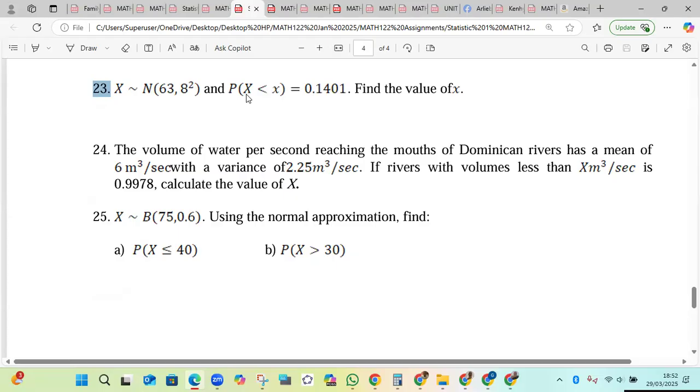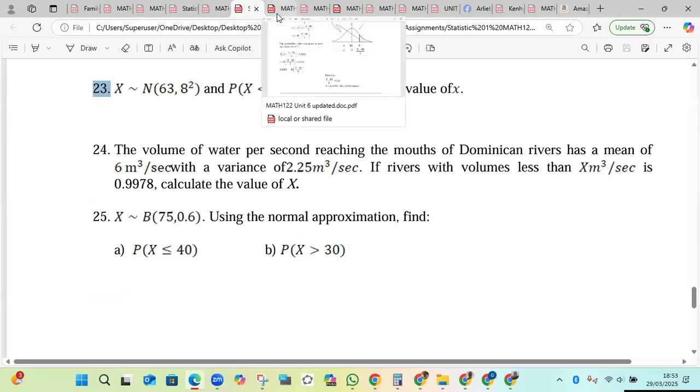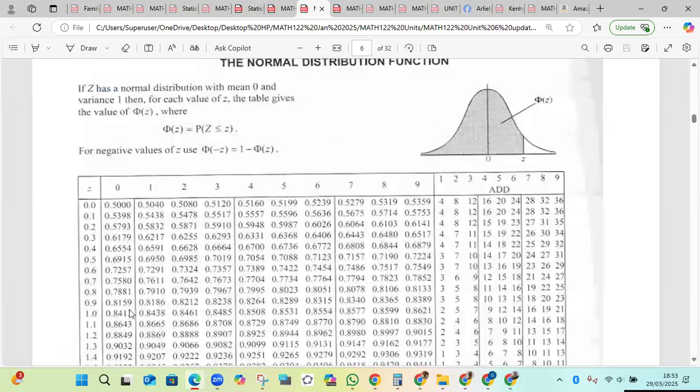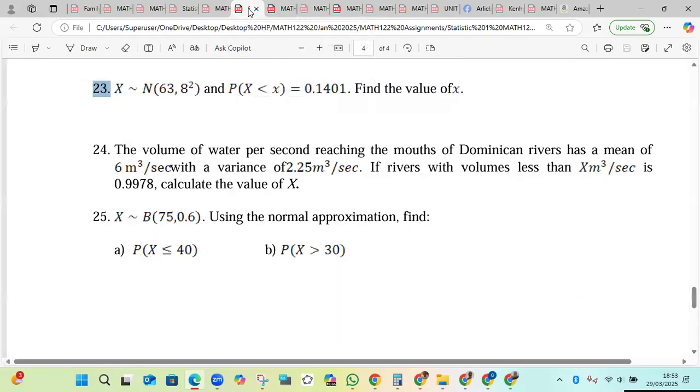So please be reminded, as soon as you get your Z from the table for number 23, you've got to put a minus sign by it, because if we knew the value of X and fully calculated Z, we would have gotten a negative number. Now this table does not give negative Z's. It only gives positive Z. That's what it is calibrated for. Okay. So you must attach the negative sign to Z before you can solve for X.